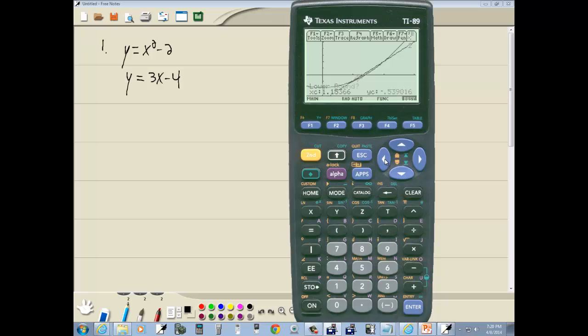Now I do a left arrow and move my cursor to the left of where I think the intersection is. The intersection is somewhere right here, so that's the left of it. Maybe one more to go a little bit further, and then press enter. It asks us for upper bound. Now I want to move my cursor to the right of where the intersection is in terms of my x values. That's the right of it, and I press enter. That tells us our first answer is (1, negative 1).